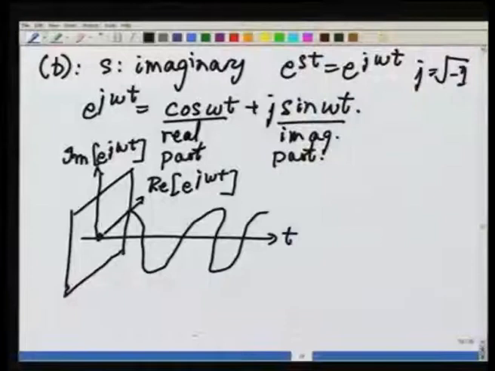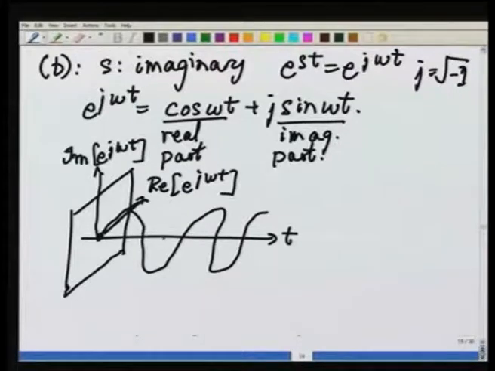Now, for the imaginary part, this is a sinusoid, and so not a cosine function, but a sine function. It takes a value of 0 to begin with, and then goes towards unity by the time omega t equals pi by 2.